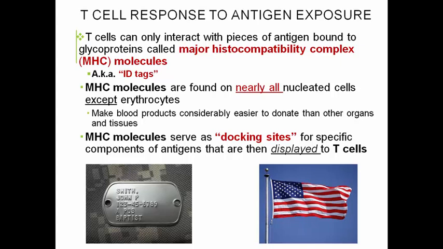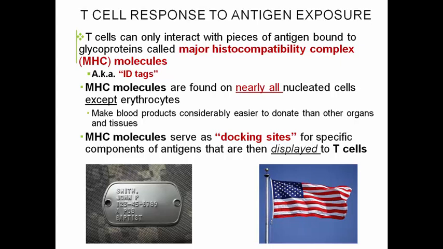We know that there's only certain pieces of the antigen that are bound to glycoproteins. So remember, glycoproteins are that glucose protein, the carbohydrate protein complex, and we said from biology class, MHC proteins, major histocompatibility complex proteins. These are like ID tags or fingerprints.